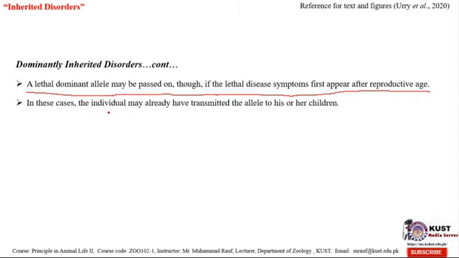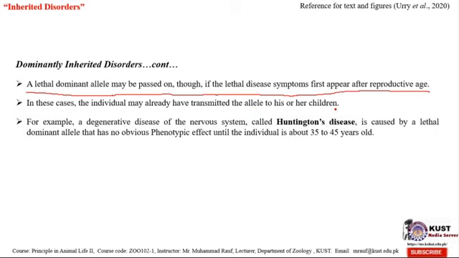In these cases, the individual may already have transmitted the allele to his or her children. For example, in Huntington's disease, the symptoms occur from 35 to 45 years of age. Obviously, it's a time when the person is married and having children.